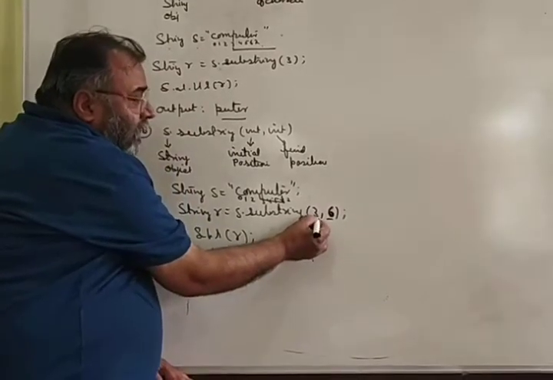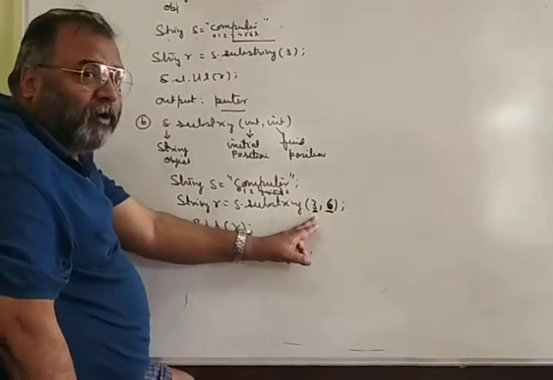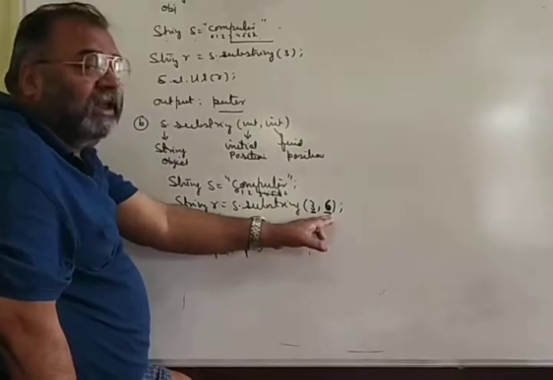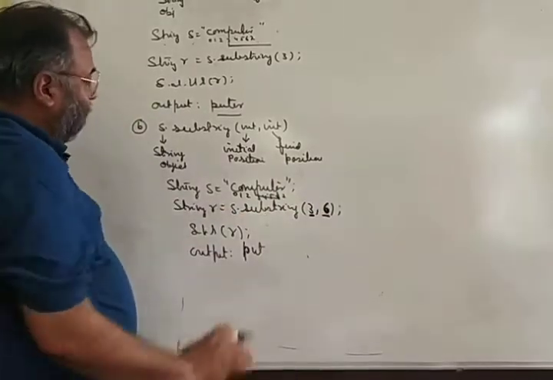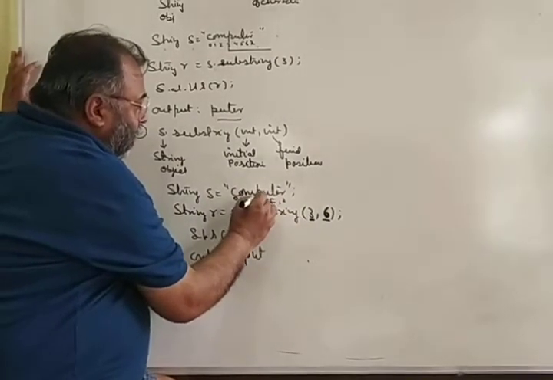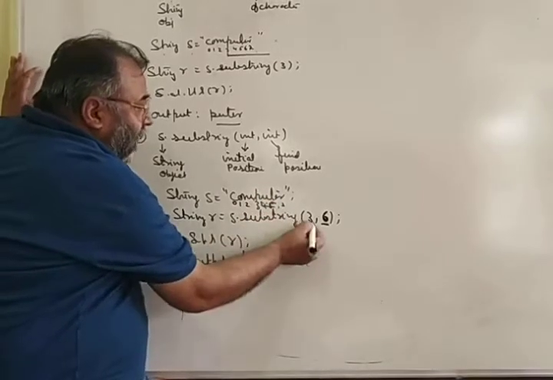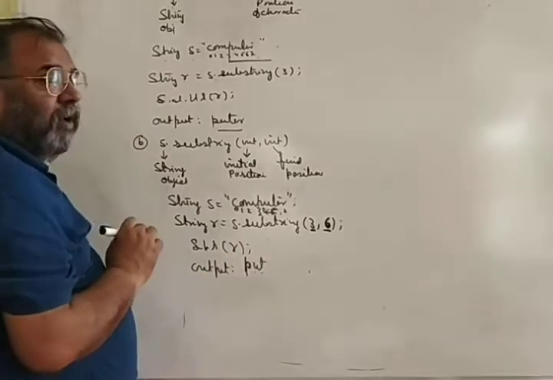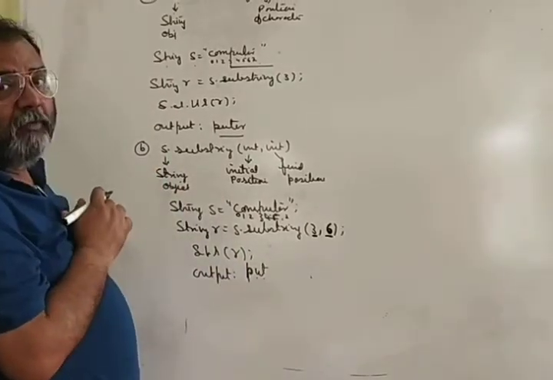This position is inclusive, this one is exclusive. It will start picking characters from the first position and go till the position before the final one. That last character will not be picked. So if you want "put" from the word computer, positions 3, 4, 5, you give 3 comma 6, and then only 3, 4, 5 will be picked. This is the second format of substring.